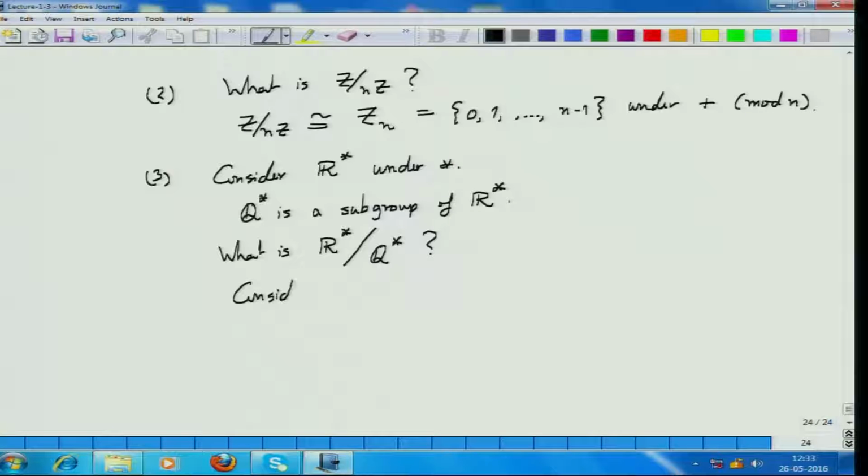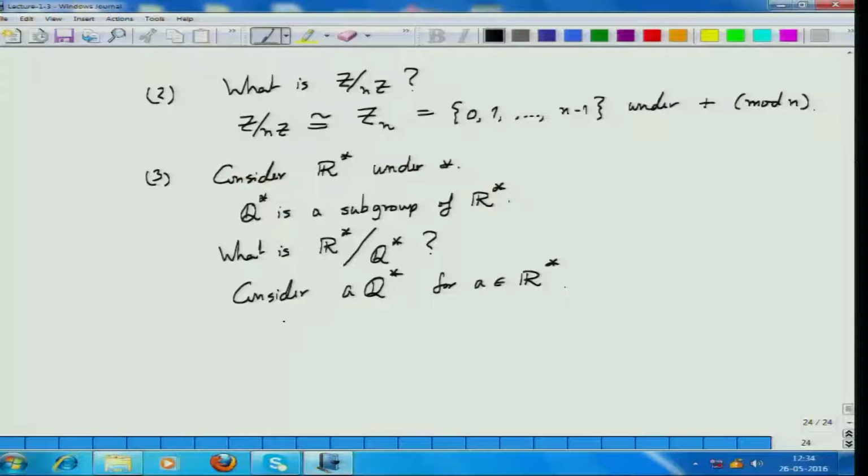So, let us consider some a Q star, for some non-zero real number a in R star. What are the elements in a Q star? By definition, elements of a Q star are going to be of the form a times a rational number.